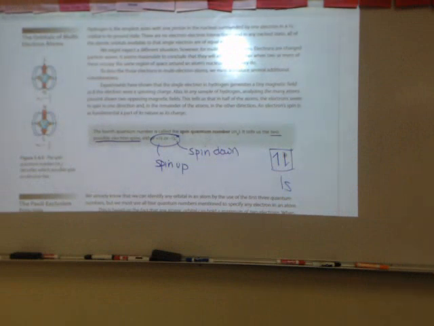We just kind of say that there are two possible values for the spin quantum number. So a single electron can actually create a little magnetic field of spinning charge. And so electrons seem to spin in one direction while the remainder spin in another. And that's where this whole concept comes from.